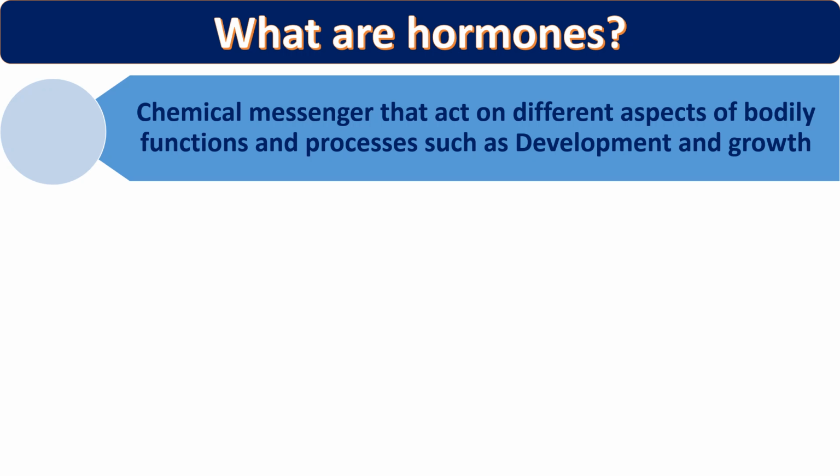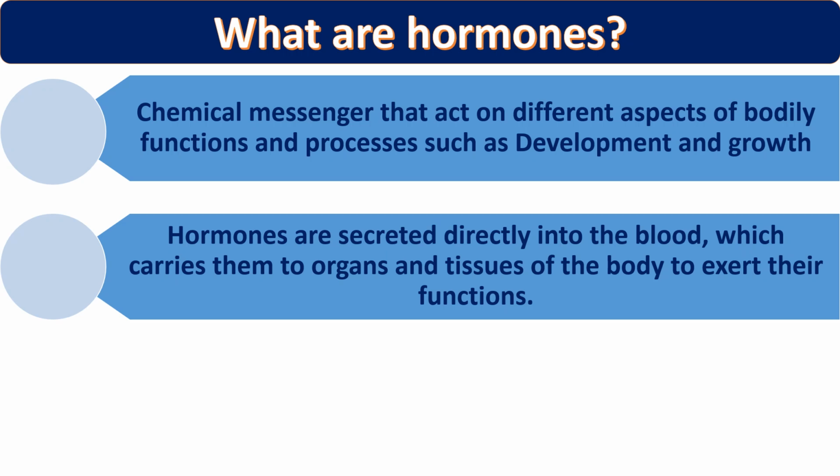Hormones are also responsible for the homeostasis of our body, maintaining equilibrium: electrolyte balance, water balance, acid-base balance, glucose balance, calcium balance. So many kinds of homeostasis are maintained by hormones. That is another important function of hormones.